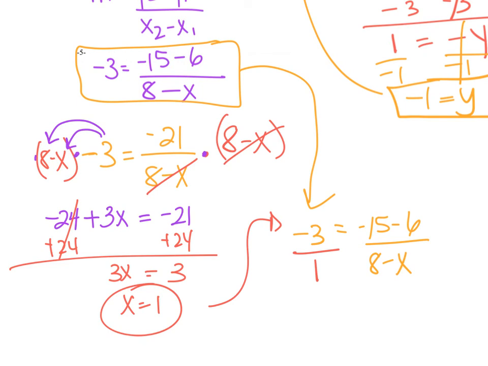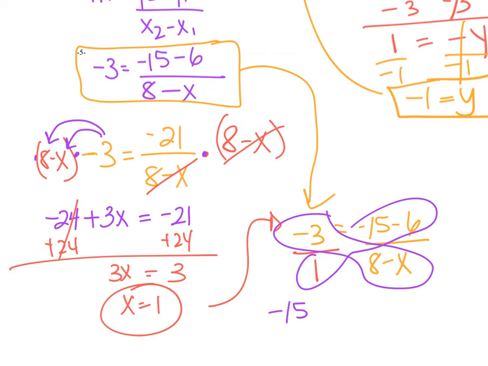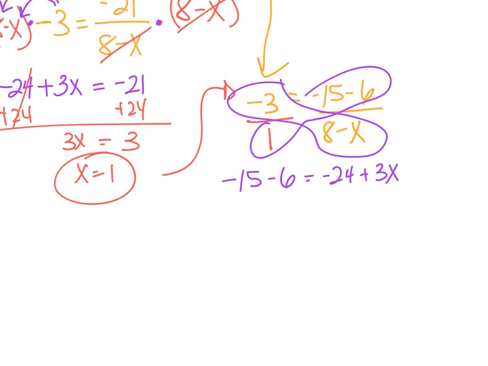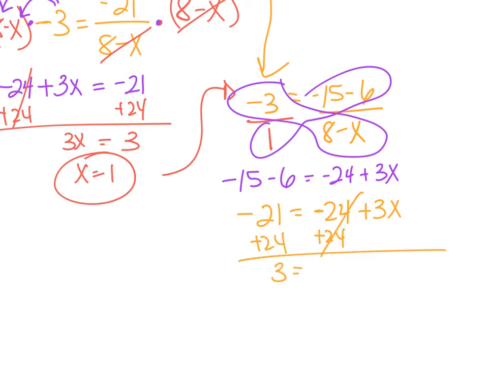So now I can actually cross multiply, and I would get negative 15 minus 6 equals negative 24 plus 3x. And I'm back to the original problem, and then I can work with this problem and get the same answer. So I get negative 21 equals negative 24 plus 3x, so plus 24, plus 24. So you get 3 equals 3x, so x equals 1, and you get the same answer. But I just wanted to show you that you could do both ways.